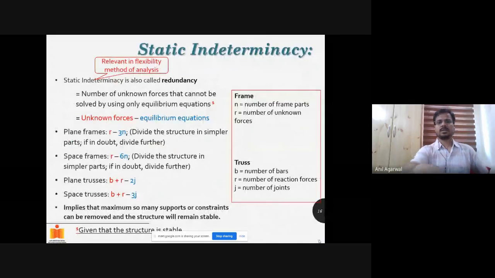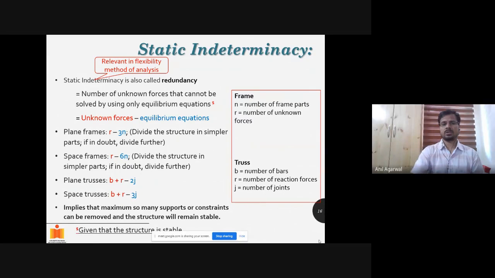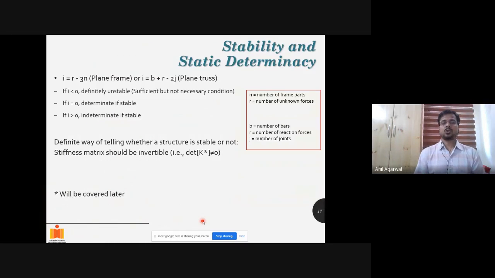So these are the equations that I was talking about: r minus 3n, r minus 6n, b plus r minus 2j, b plus r minus 3j, the equations that I have used today. All right, the short way of knowing whether a structure is stable or not is actually by calculating the determinant of the stiffness matrix.